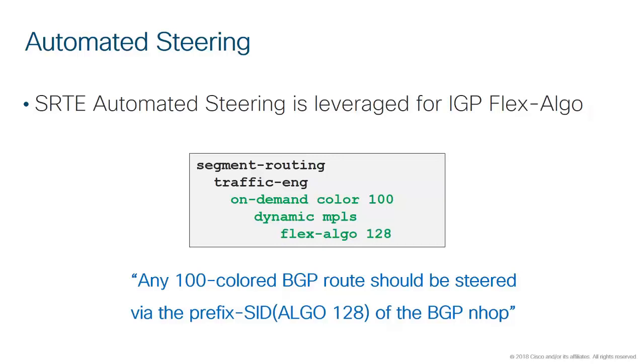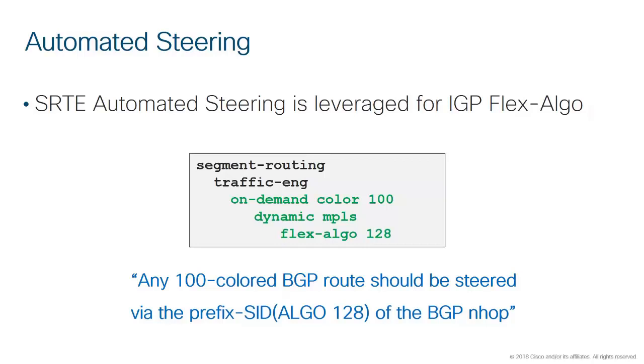And so automated steering means that we want the traffic to be steered on the segment routing TE path automatically. How can it be automatic? It's going to be colored from the BGP routes. So when I'm a PE and I receive a BGP route, if it's colored, the color is going to be an indication of what type of path this BGP route needs to the next stop.